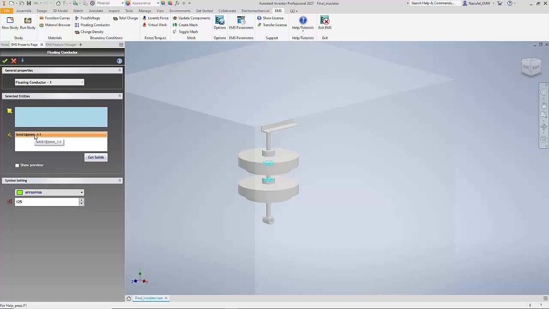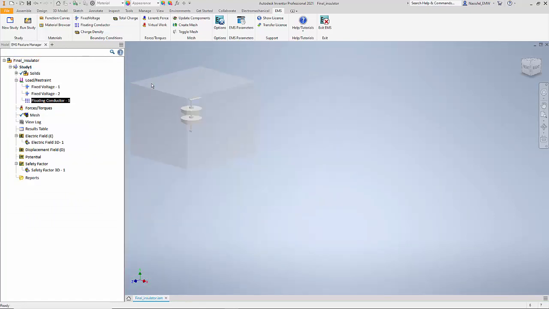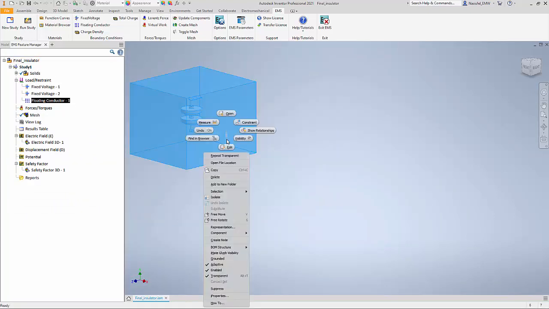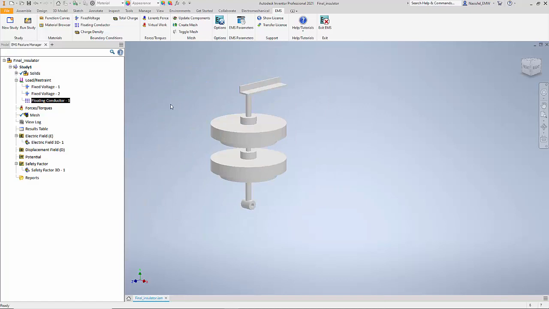So we apply what is called a floating conductor for all the conductors in your assembly that do not have a particular value of electric potential. Let me go ahead and hide the air geometry. And this concludes the application of boundary conditions.